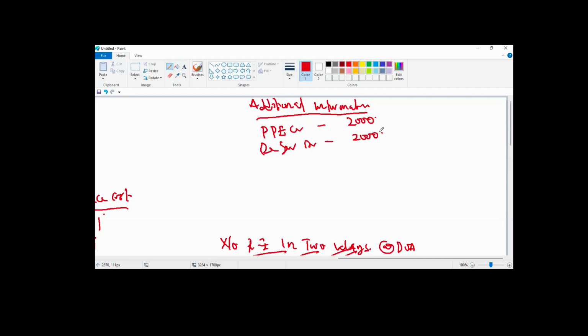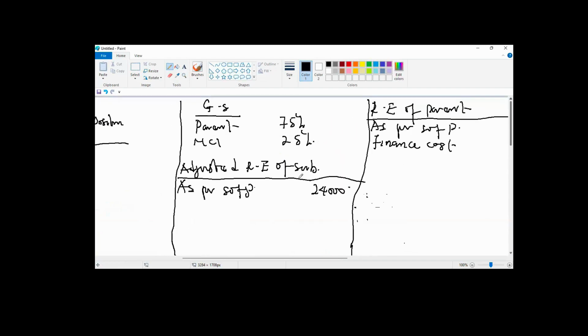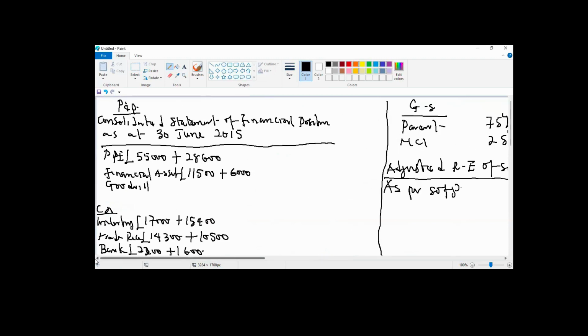I'll go and post that. Valuation deficit in plant, 2 million. Go to the PPE, minus 2 million.